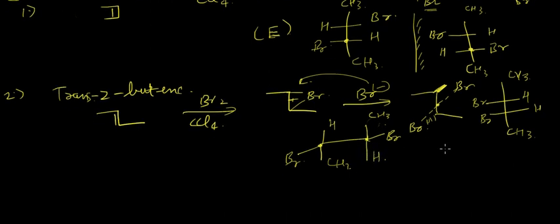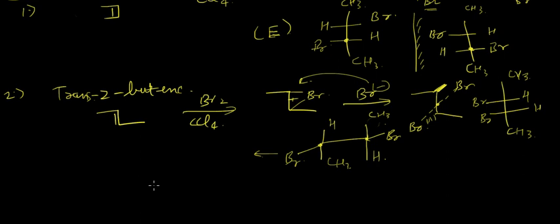Okay, so you first have to convert this into an eclipsed form. The eclipsed form would be rotating this clockwise and this anti-clockwise, both the carbon atoms. So we will be getting something like CH3 as the down carbon, Br on the left hand side, H goes to the right hand side, and similarly for this carbon you have to rotate it again.